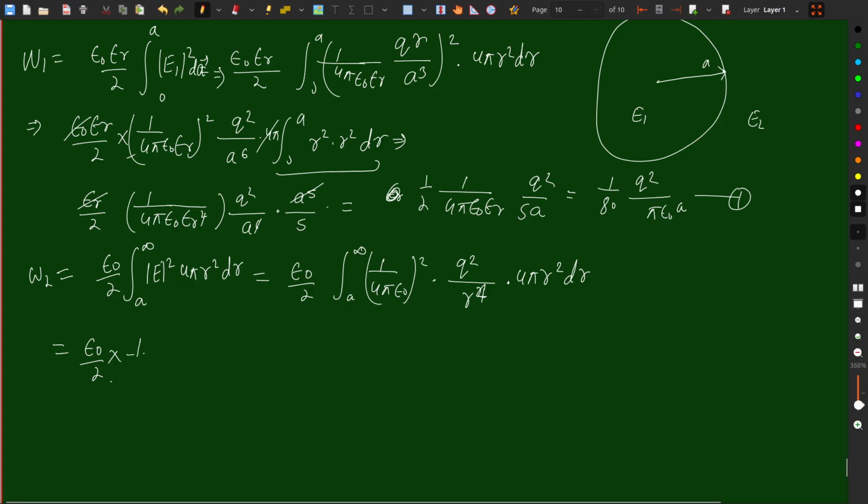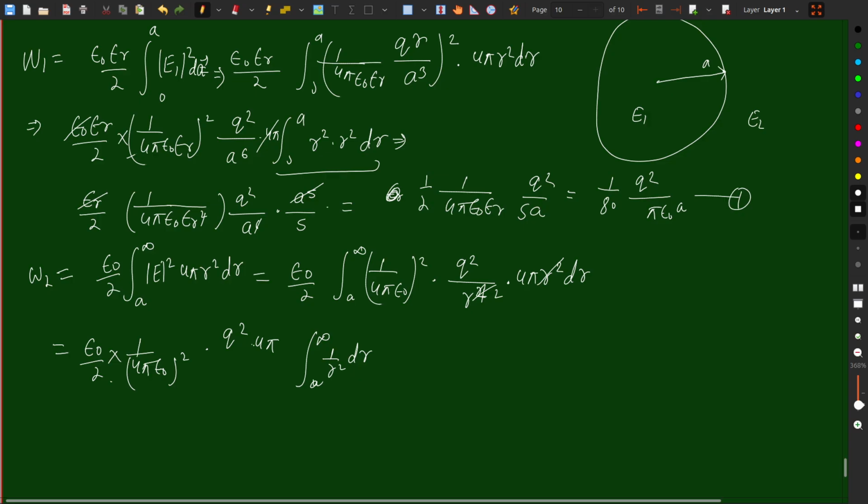So this will be 1 over 4 pi epsilon naught whole square, Q square into 4 pi, and r square will cancel, with a to infinity 1 over r square dr. So this 4 pi epsilon naught will cancel out this square, and this will become 4 pi over 2 into 4 pi epsilon naught.